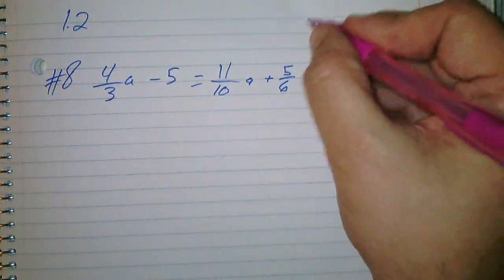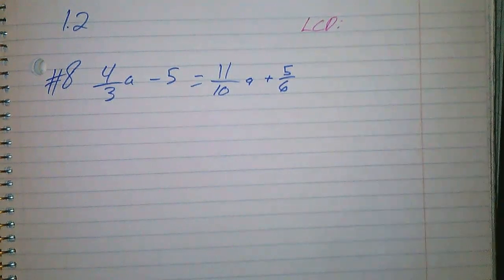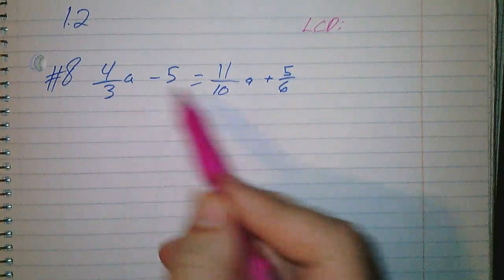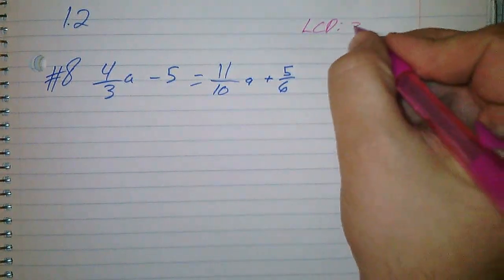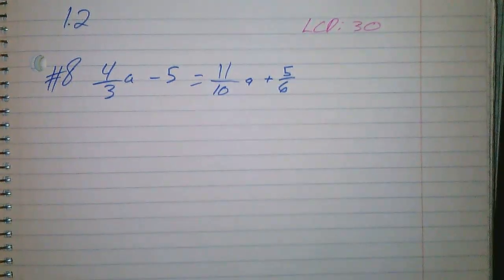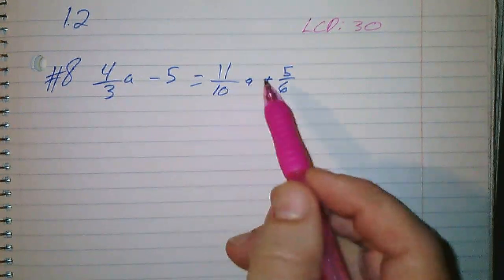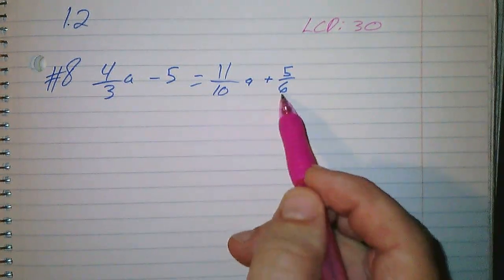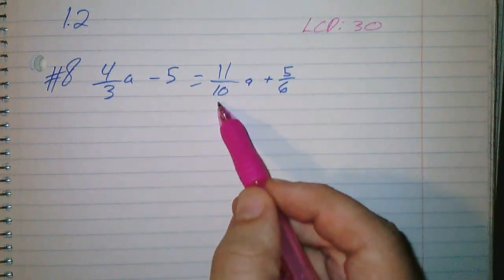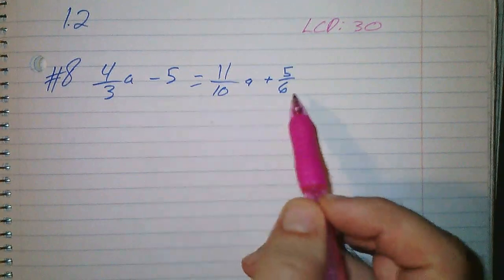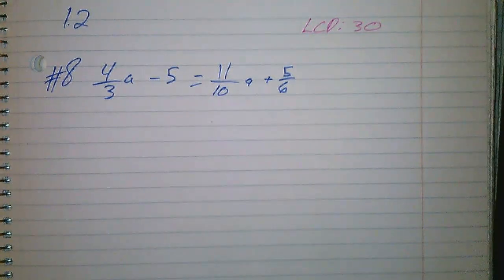So the LCD, not factors, but the common denominator of 3, 10, and 6 is 30. You can watch the videos on finding the LCD if you need to, but you could also just list out the multiples. 10 is not divisible by 3, 20 is not divisible by 3, but 30 is divisible by 3, 6, and 10.